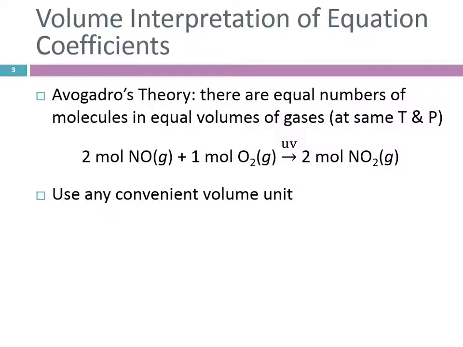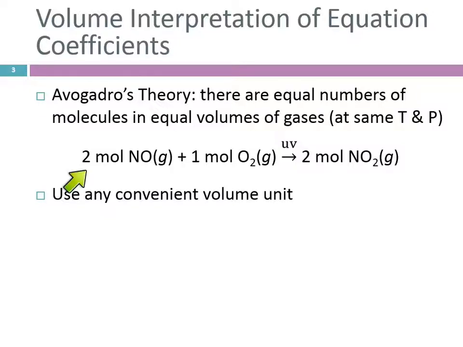So Avogadro's theory is that there are equal numbers of molecules in equal volumes of gases at the same temperature and pressure. This is not true for liquids and solids. It's true for gases because there is so much empty space between the particles that the size of the particles doesn't matter at all.